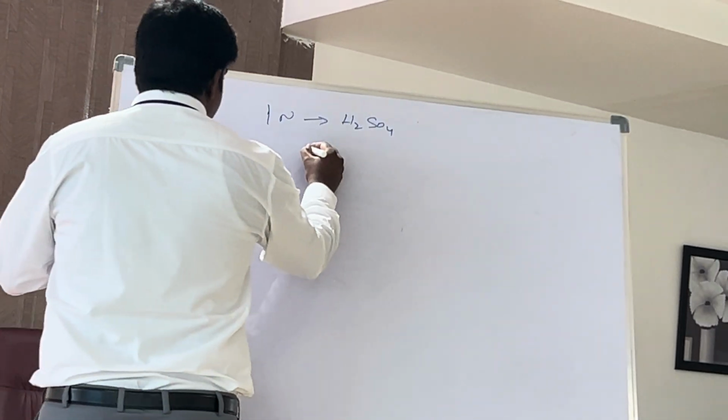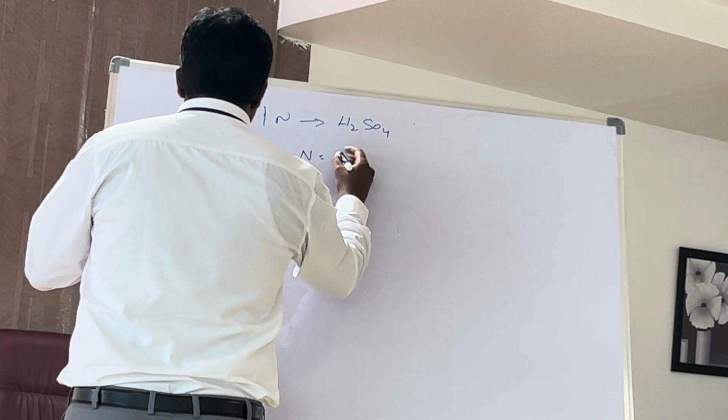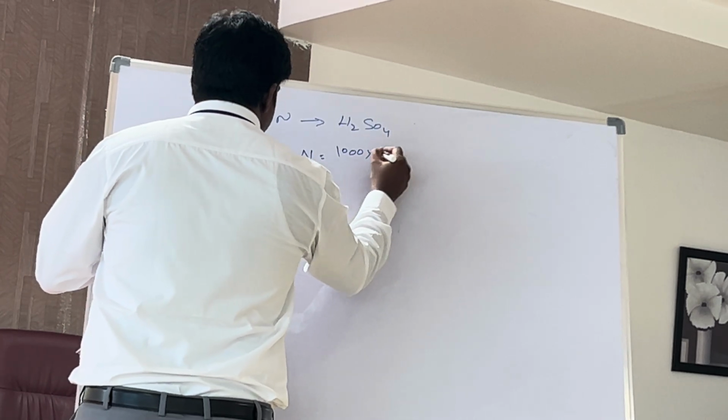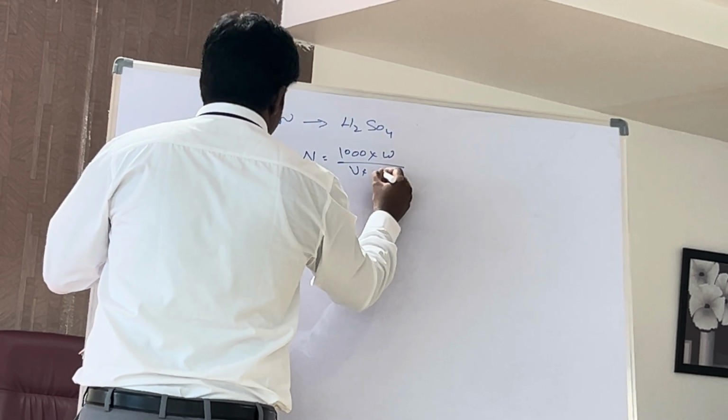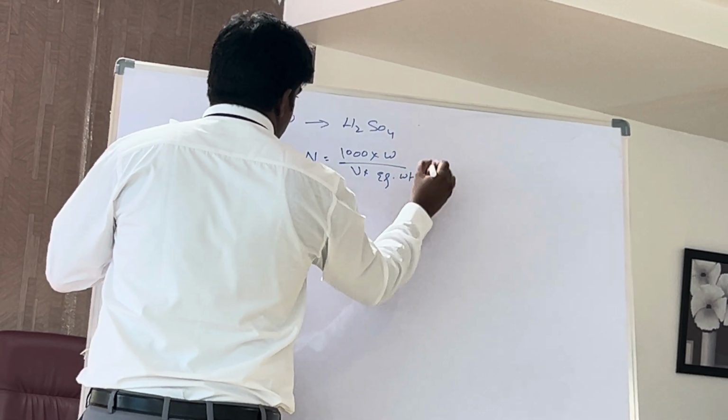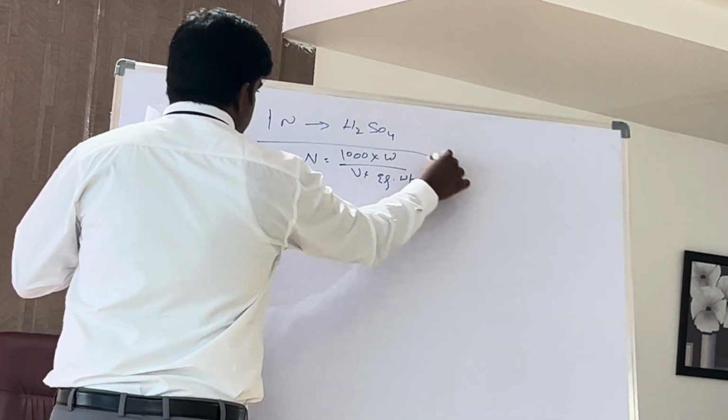Normality can be calculated by using 1000 times W divided by V times equivalent weight. This is the formula for normality.